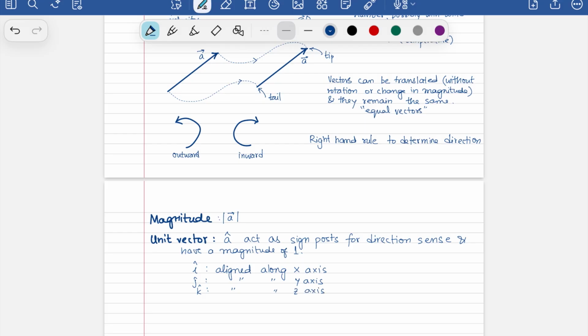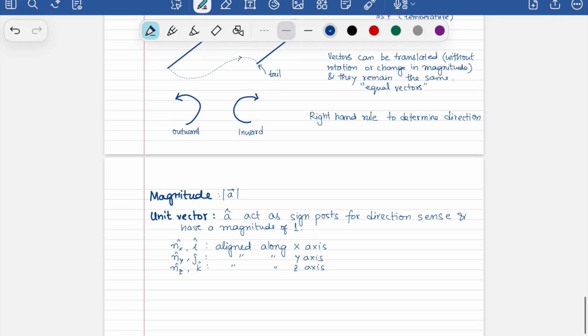Okay, so this is familiar. Other representations might also be something like n x hat. So this is in the reference frame n. This would be along the direction of x according to that reference frame. This would be n y hat or n z hat. All of these are direction senses.